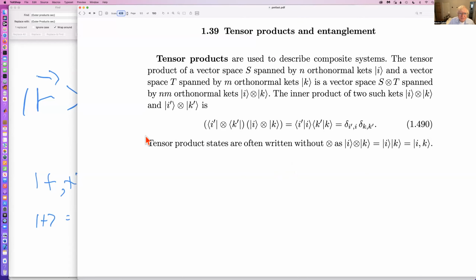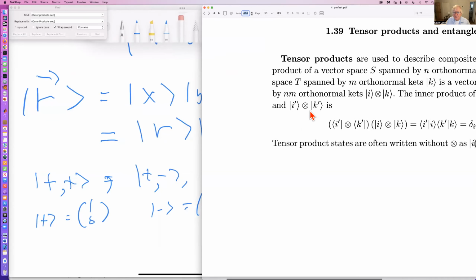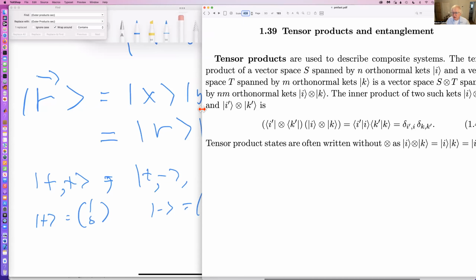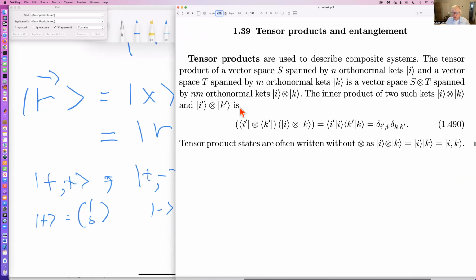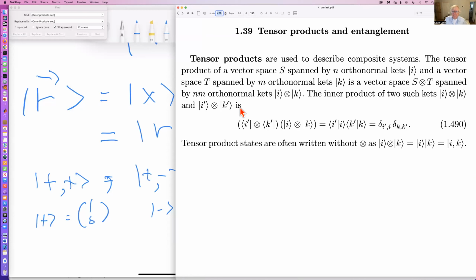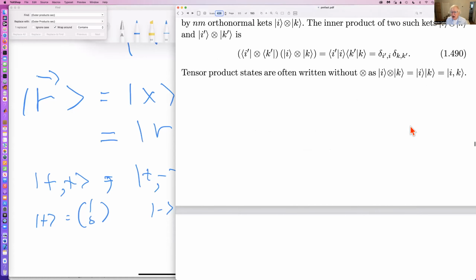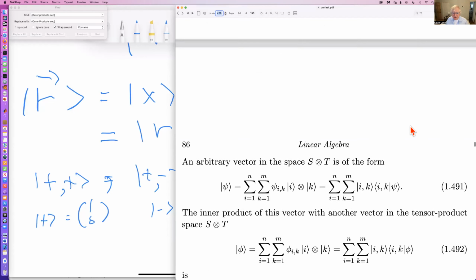So in this case, the inner product of two states, if they're orthonormal, is just a product of the two Kronecker deltas.